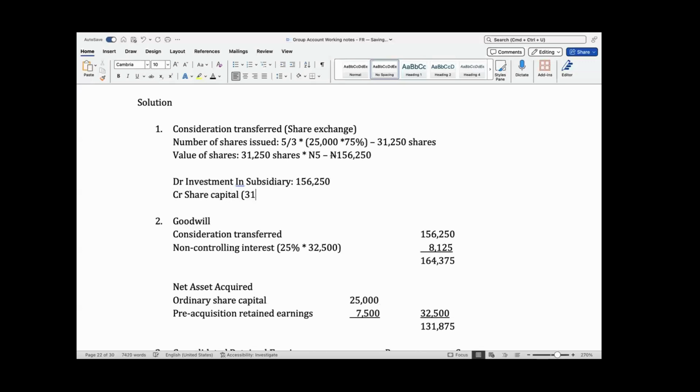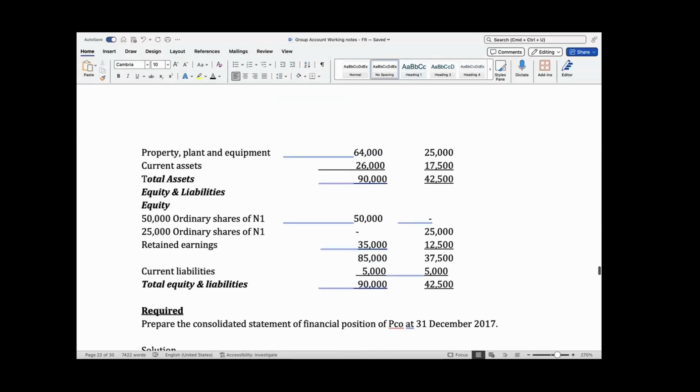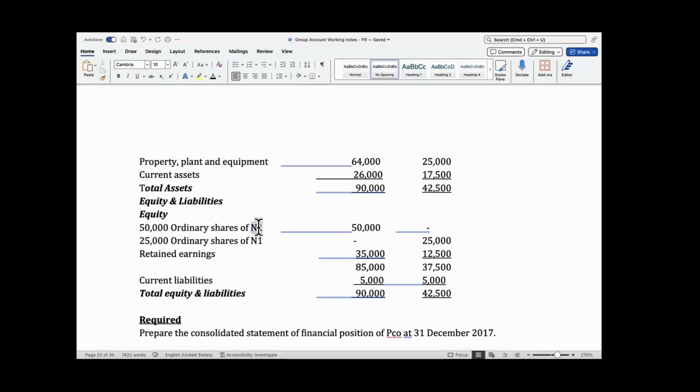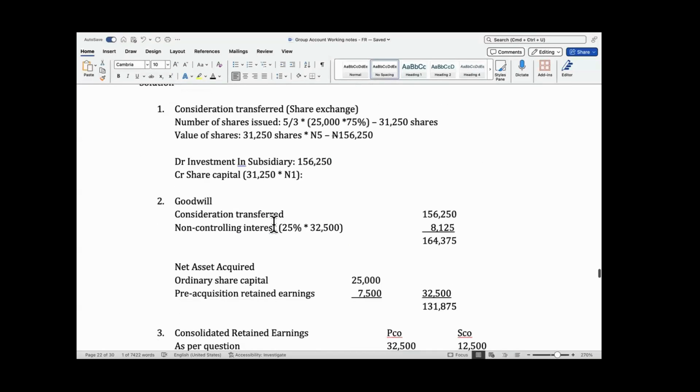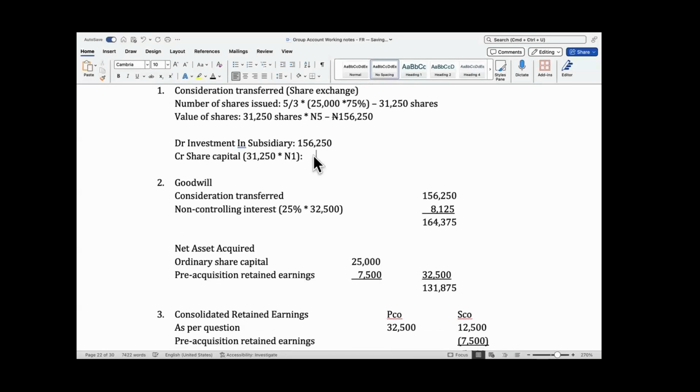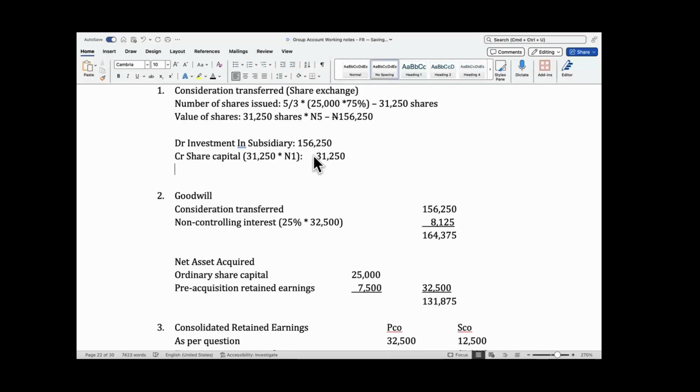It doesn't credit share capital with the whole 5 naira. It credits share capital with the nominal value, which is 1 naira. So this remains 31,250.